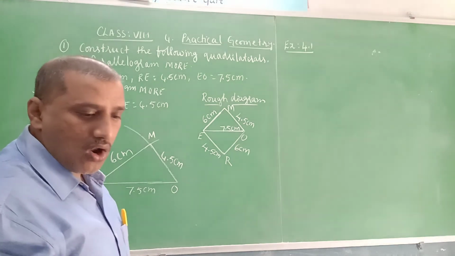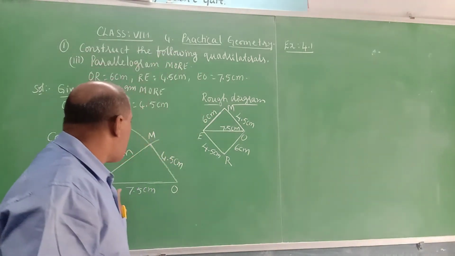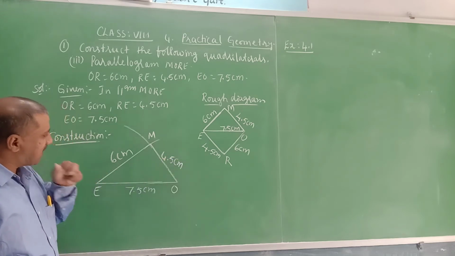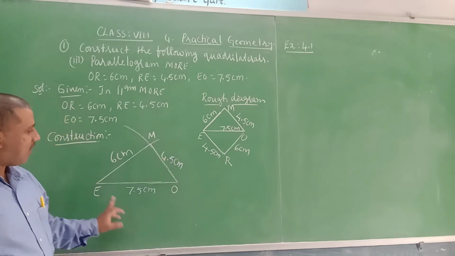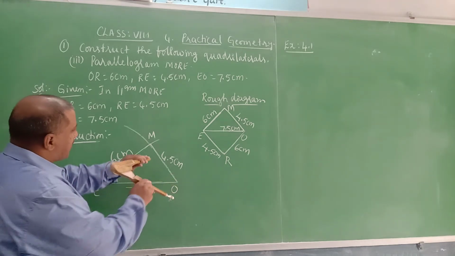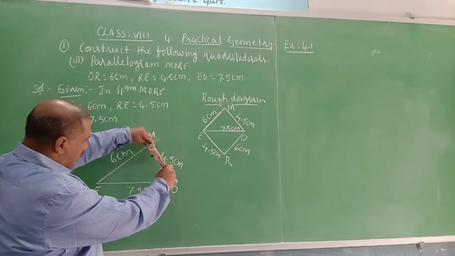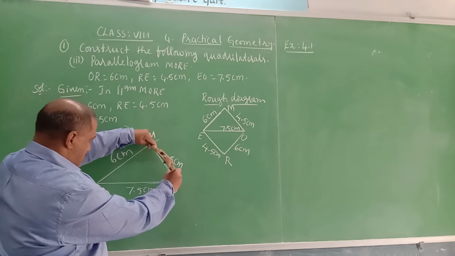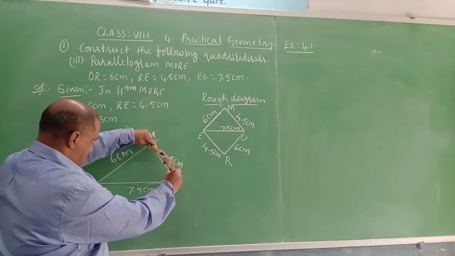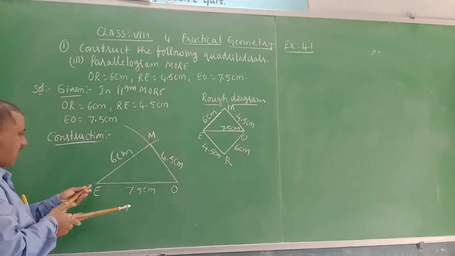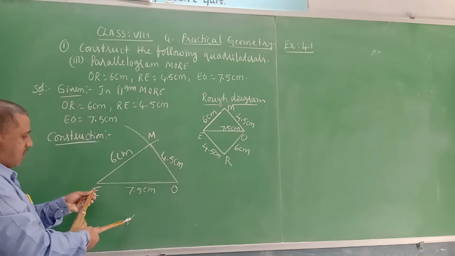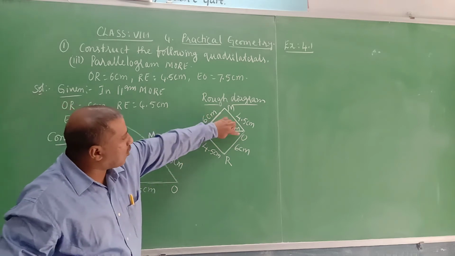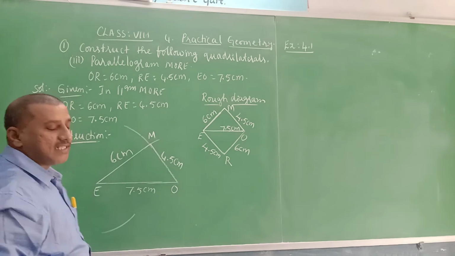Now we have to draw another arc from point E, of 4.5 centimeters, to locate point R. You can measure without using a scale also, you can take the length and draw the arc. So from point E, draw an arc of radius 4.5 centimeters. And from point O, draw an arc of radius 6 centimeters.